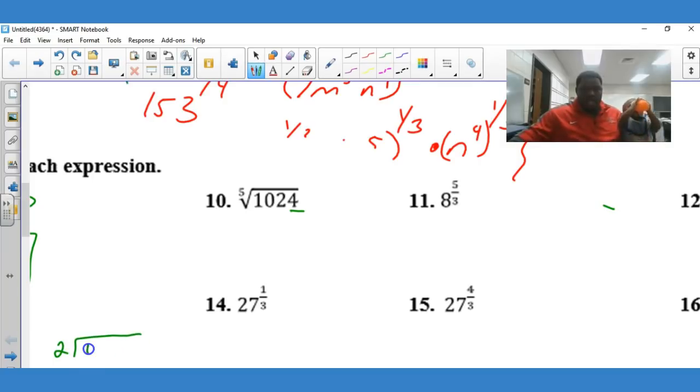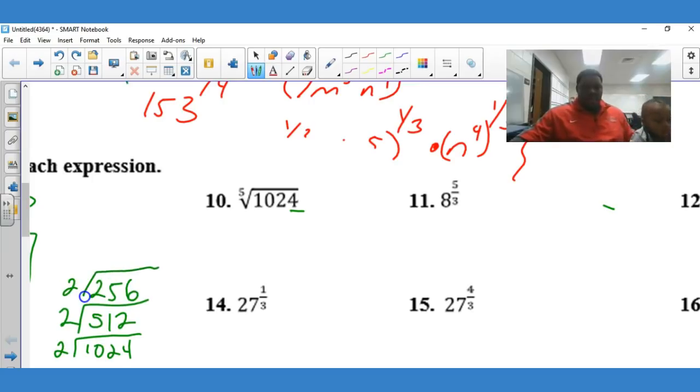1024 divided by 2 gives you 512. Now, 512 is divisible by 2. So 512 divided by 2 is going to be 256. And if I divide that by 2, I get 128. And if I divide that by 2, I get 64.